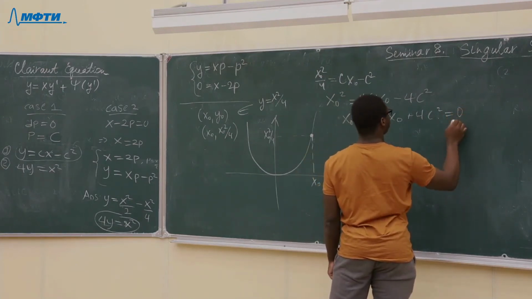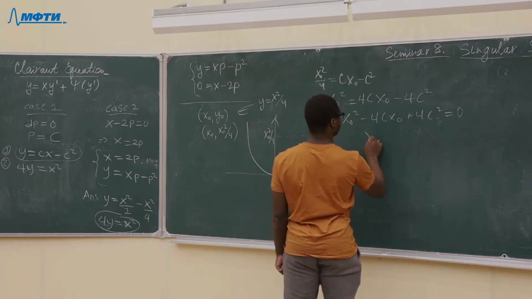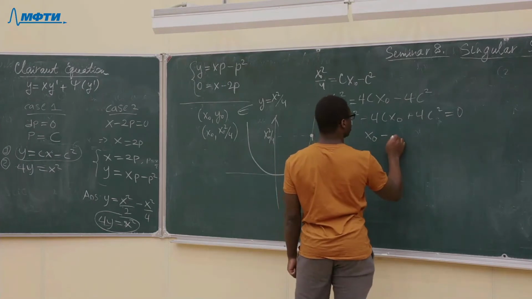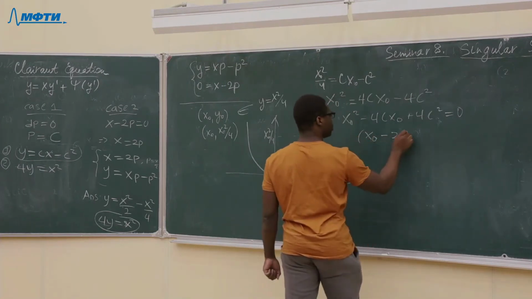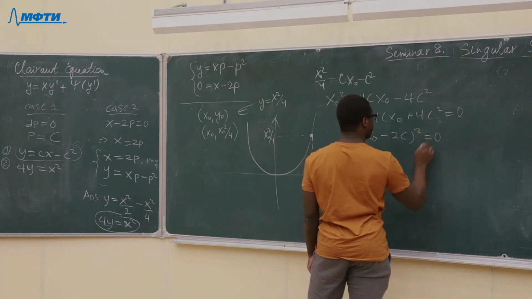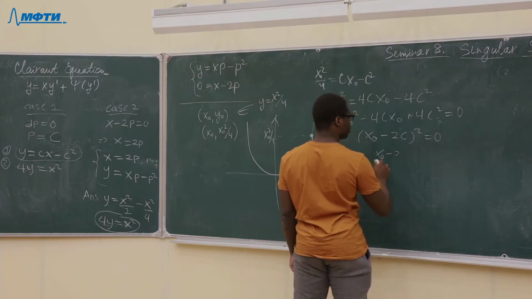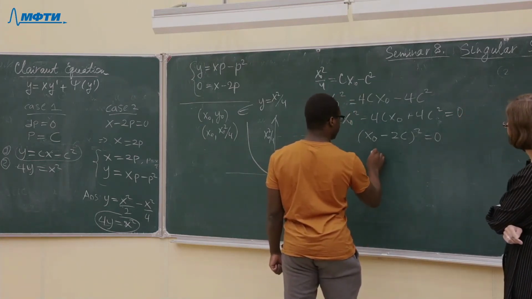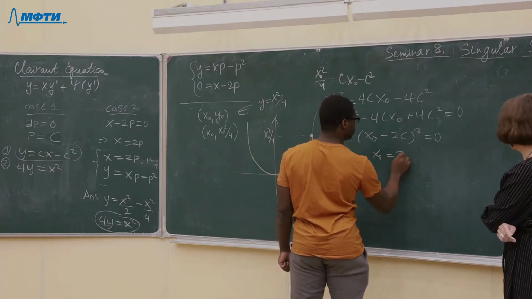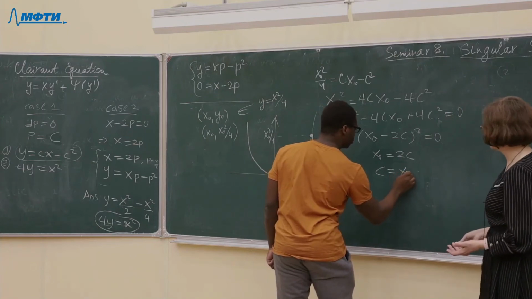This is a perfect square, equal to 0, right? So we need to know c. c is equal to x0 over 2.